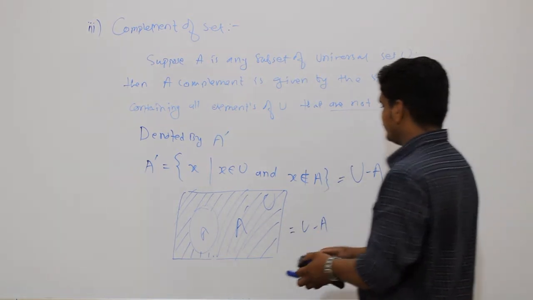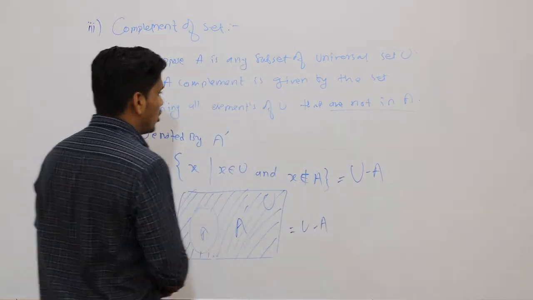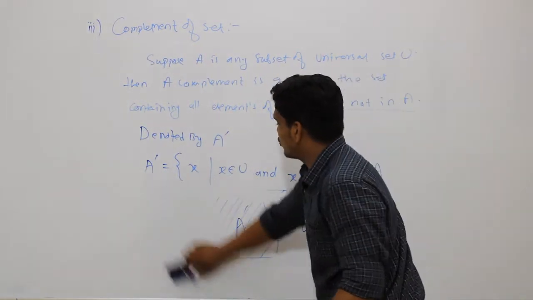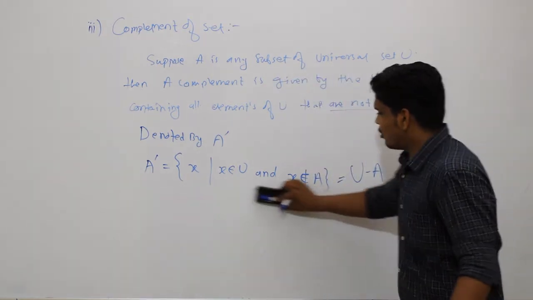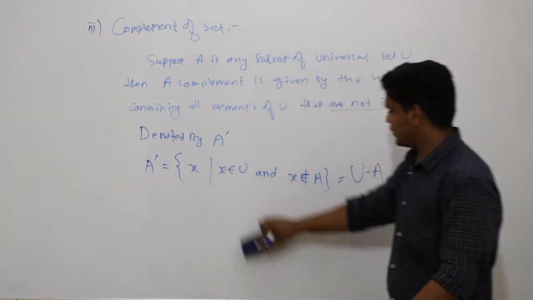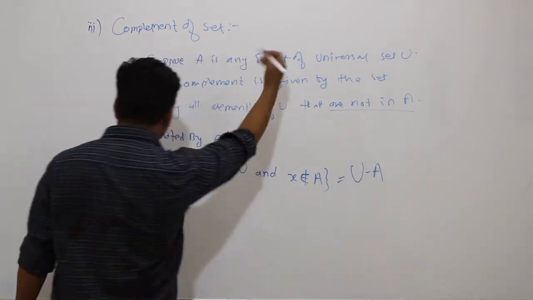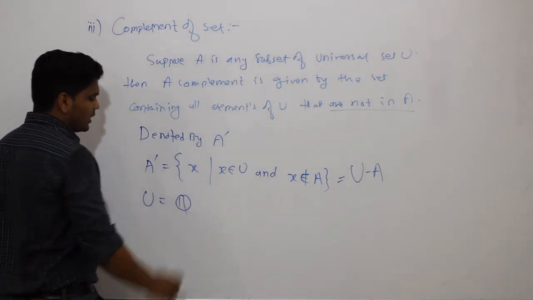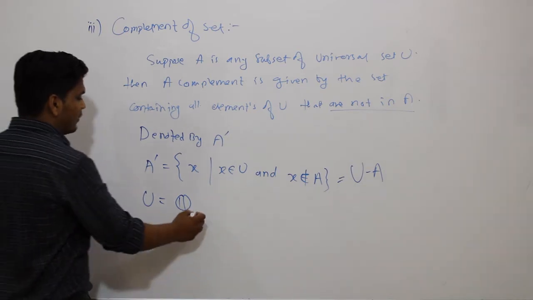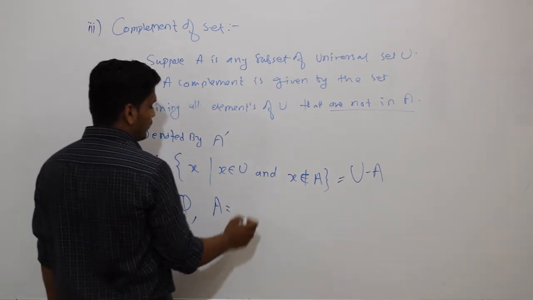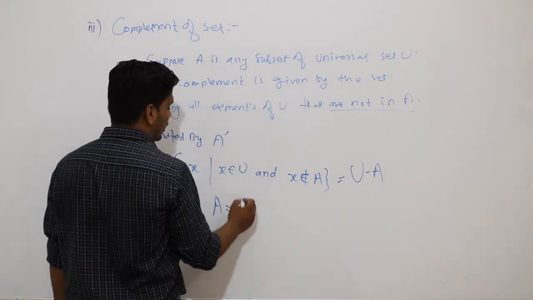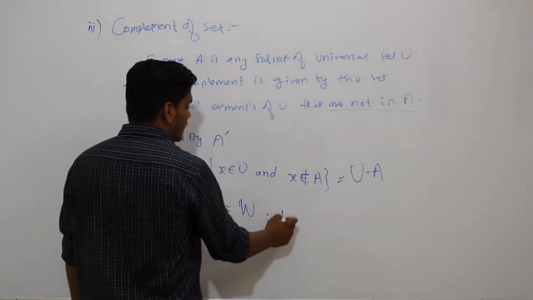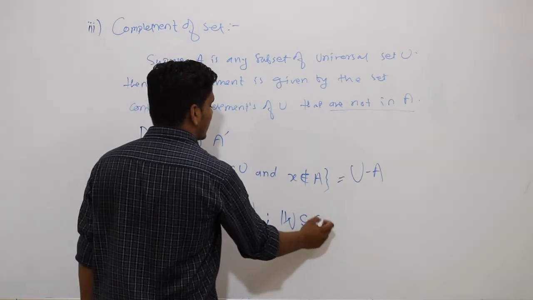Okay. Now we will take some example on this and verify the complement set. Now suppose I am having some universal set U as the set of rational numbers, and then I will take A as the set of whole numbers. You know this: whole numbers are a subset of rational numbers.